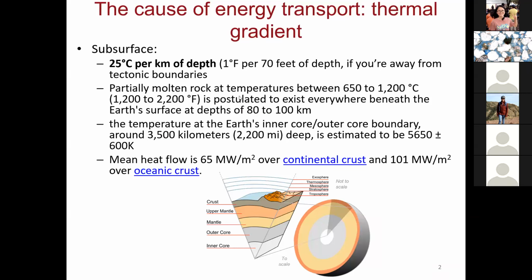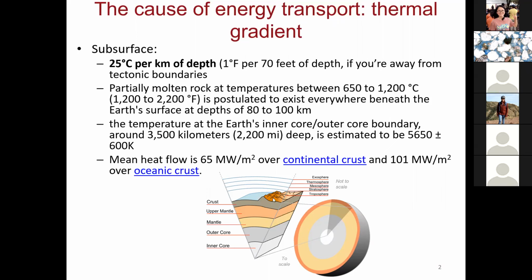Now, this is away from the tectonic boundaries. Near the plate boundaries on the surface of the Earth, there might be more exposure to the molten rock below, so that might cause a higher temperature. Partially molten rock is at temperatures typically 700 Celsius degrees and higher. This molten rock is postulated, nobody put their finger in there, to exist everywhere beneath the Earth surface.